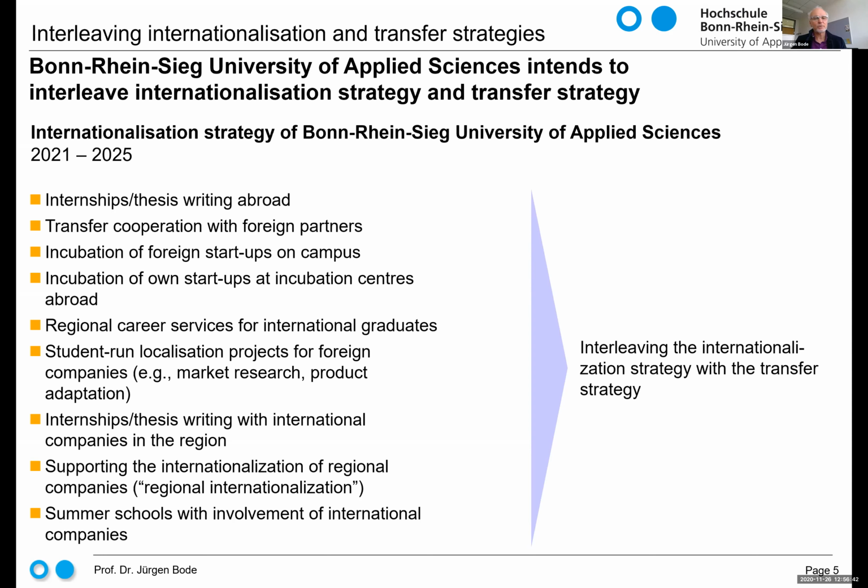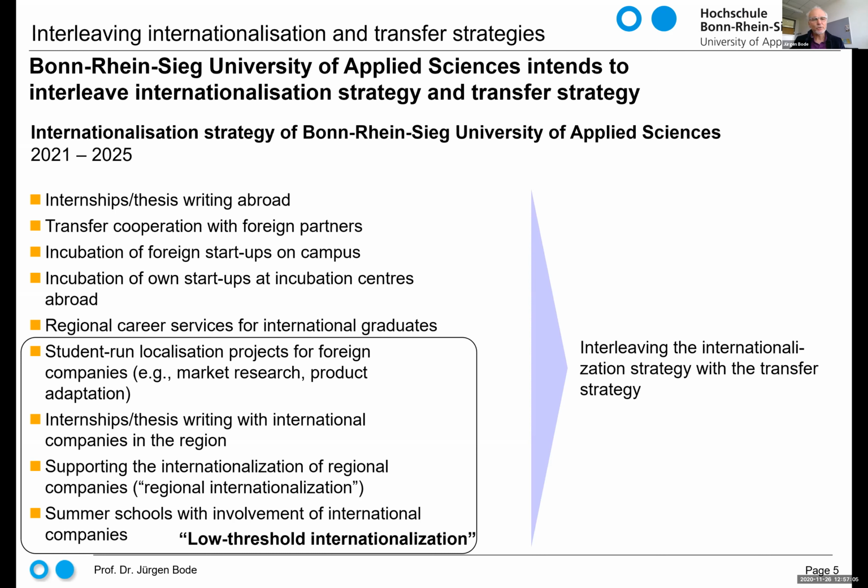We call this regional internationalization, and we can also involve students in that. And finally, we can set up summer schools and involve international companies in these summer schools. All these activities are a materialization of our interleaving strategy between internationalization and transfer.